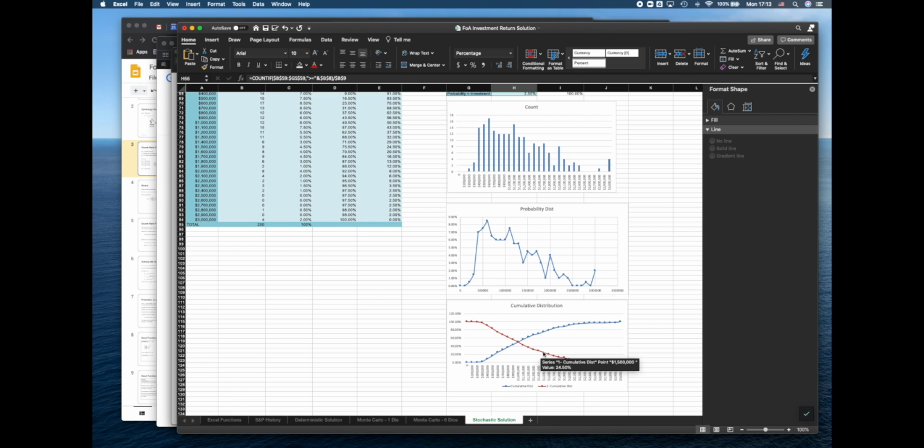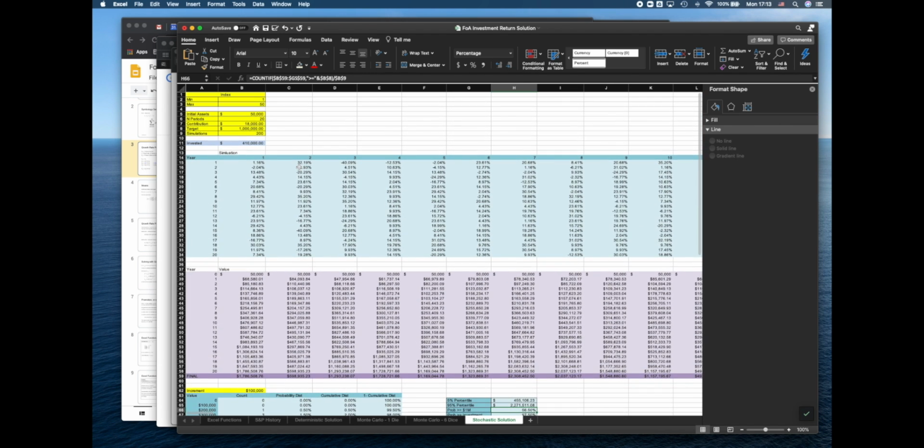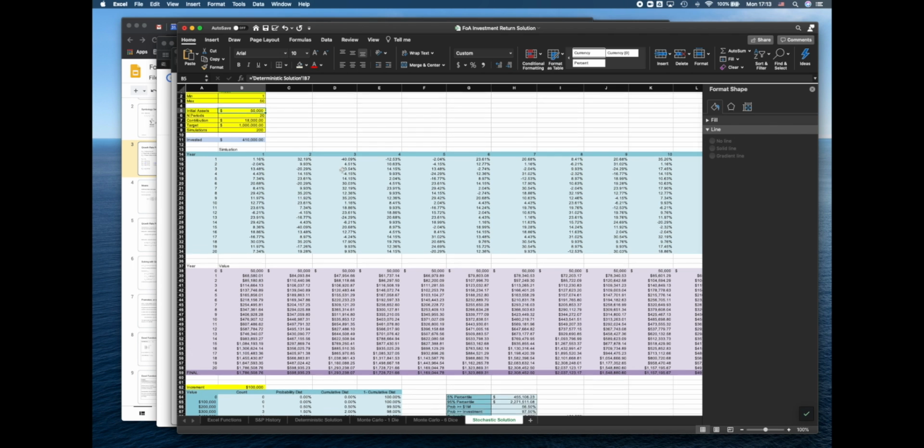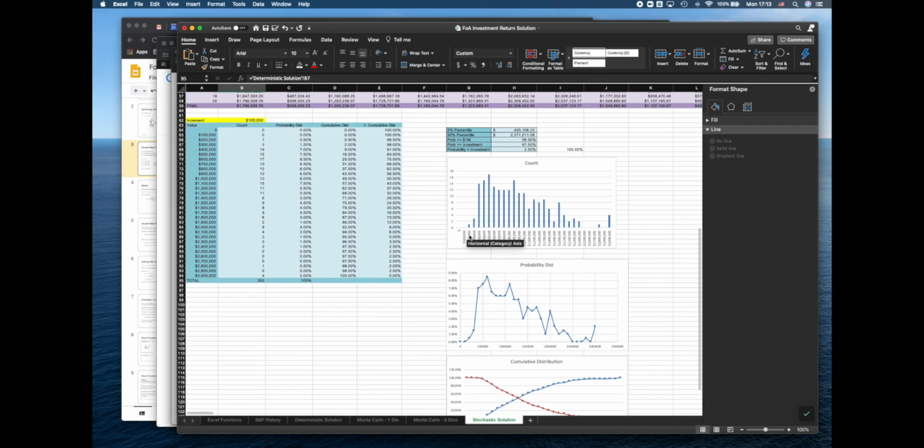And in a financial situation, that's a much more valuable question to answer, especially if you're doing budget planning or something. You say, hey, boss, you're asking the question of, how can I earn $1 million in 20 years? And how much money is it going to take? And I want a 50% chance that we're going to earn $1 million. Well, this Monte Carlo simulation lets you answer things like that.